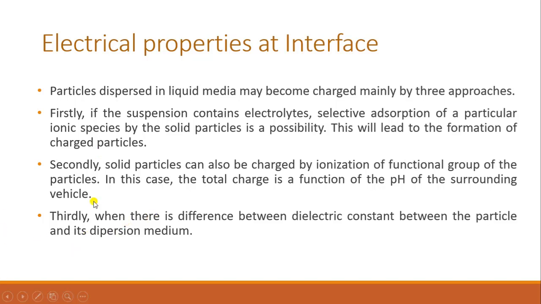Another is solid particle can also be charged by ionization of functional group of the particle. In this case, the total charge is a function of pH of the surrounding vehicle. That means if solid particle consists of any functional group, for example COOH, ionization of that functional group due to pH of the vehicle can produce charge on the surface of the solid particle.